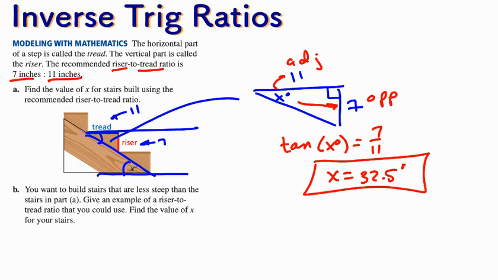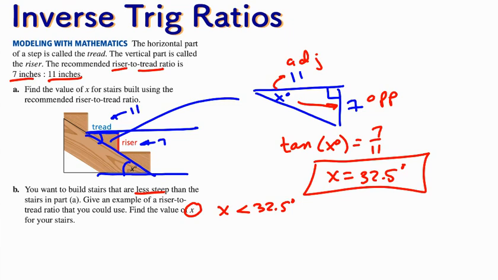And part B says if you want to build stairs that are less steep than the stairs in part A, give an example of a riser to tread ratio that you could use to find the value of X for your stairs. And again, if we want it to be less steep, that means X should be a smaller angle, X less than 32.5 degrees.